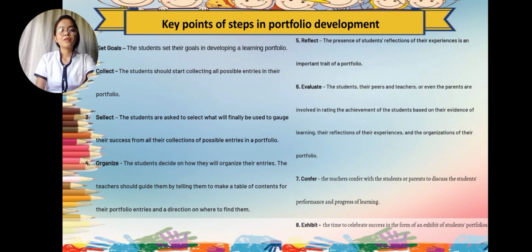We have number 7, confer. The teacher confers with the students or parents to discuss the students' performance and progress of learning. We have the last one, exhibit. This is the time to celebrate success in the form of an exhibit of students' portfolios.